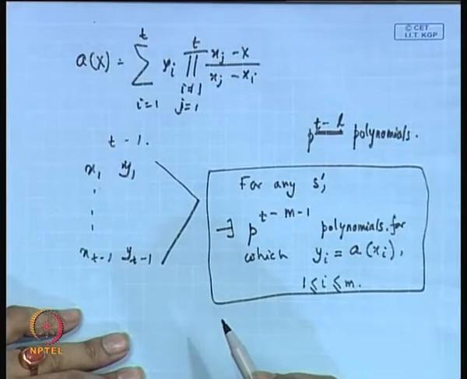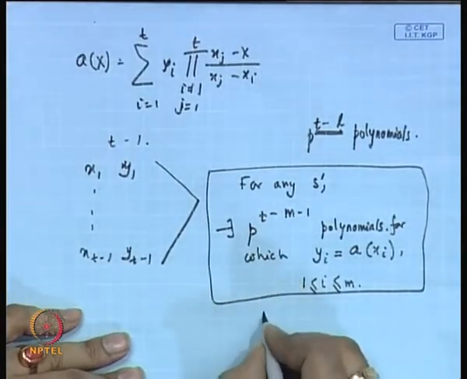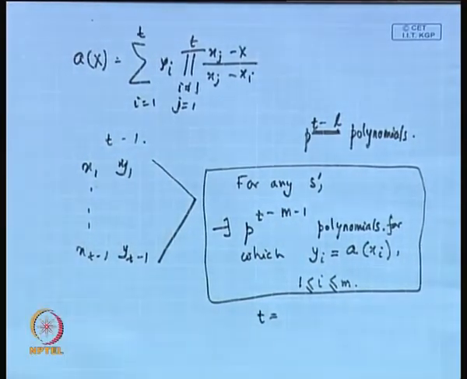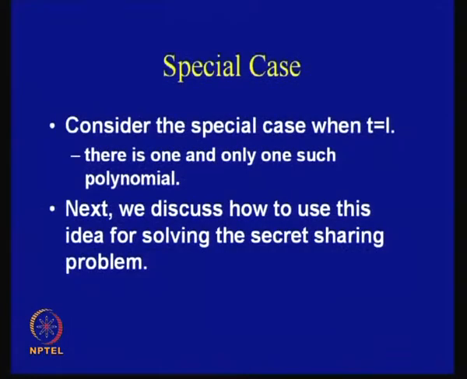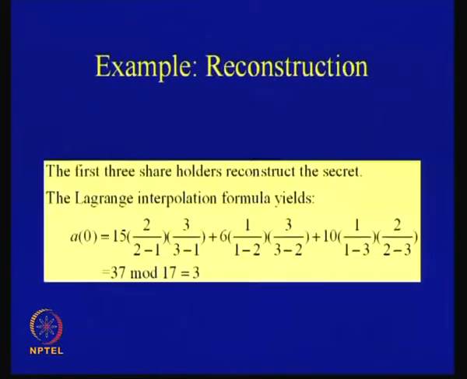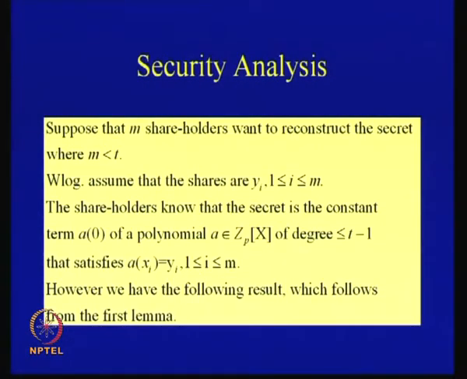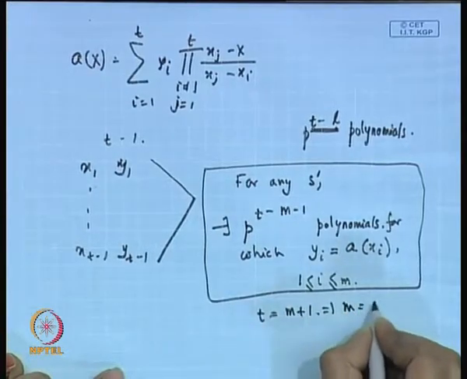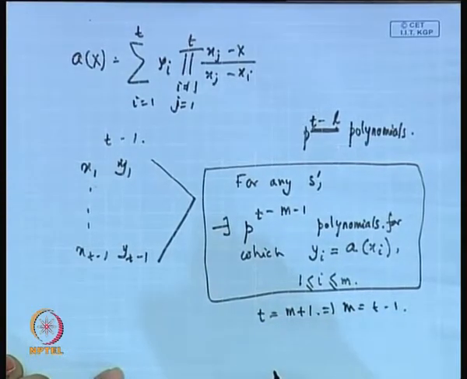Therefore, if you set your t to be exactly equal to m plus 1, or rather m is equal to t minus 1, then how many polynomials are there? There is exactly one polynomial.